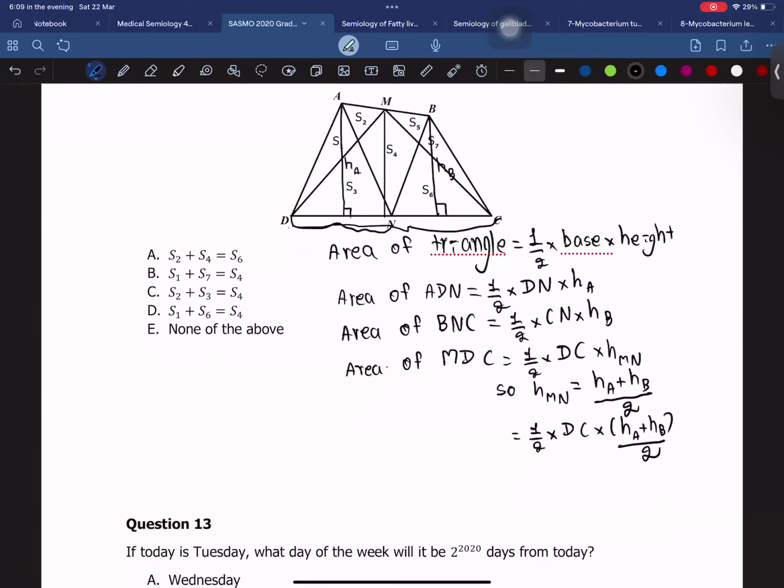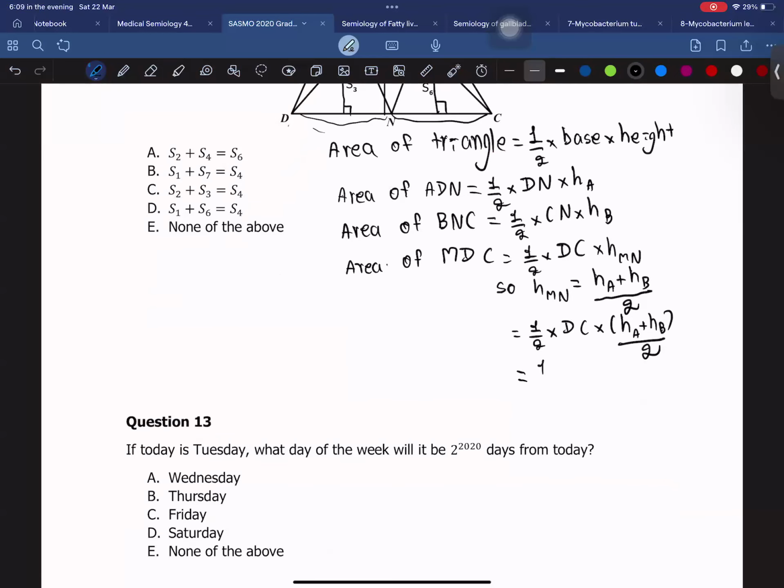DC is DN plus NC. What does it mean? DN and NC are the same length as each other. So what is the value of it? 1/2 times 1/2 times 2, let's say CN, times HA plus HB, is equal to 1/2 times CN times HA plus HB.